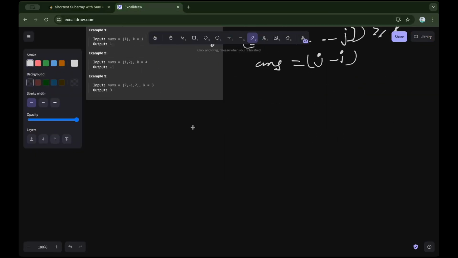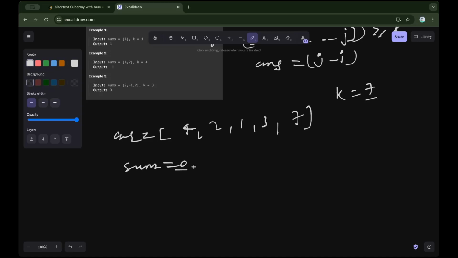If we have an array of just positive numbers, let's say 4, 2, 1, 3, and 7, and we want k as 7, for example, then what we can just do is put two pointers here.